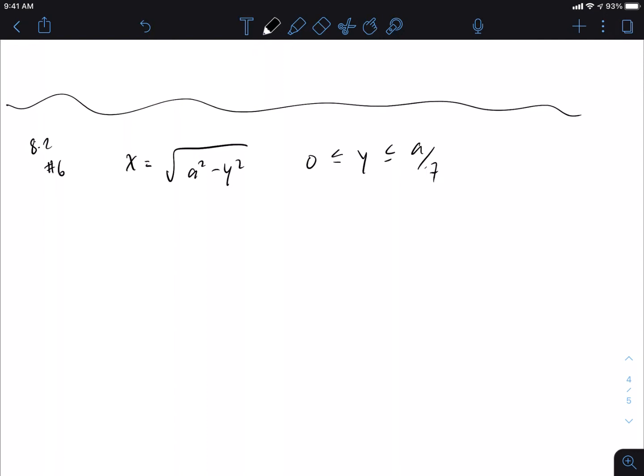Take the derivative of that. We got to take the derivative. So we're going to get dx/dy is going to be equal to 1/2 (a squared minus y squared) to the negative 1/2. And then by the chain rule, a negative 2y. Agreed?